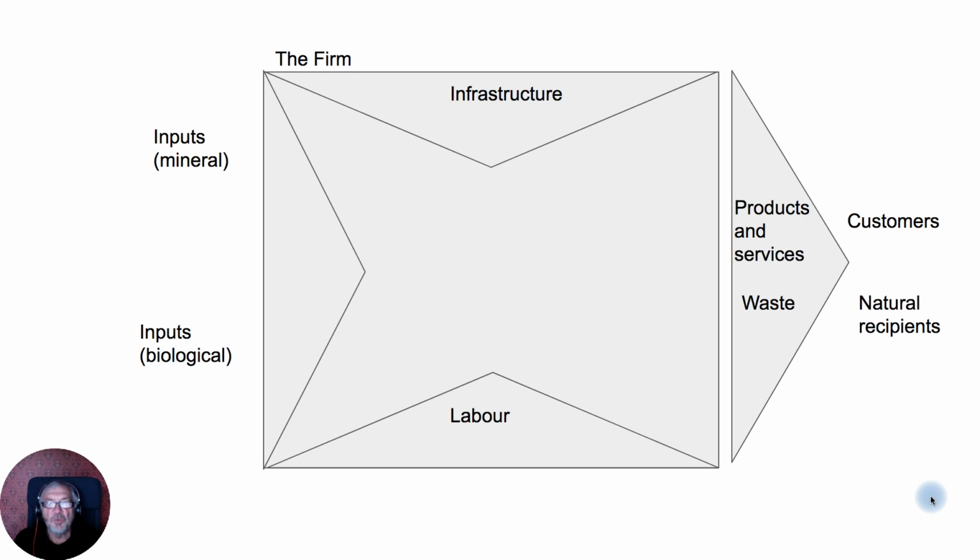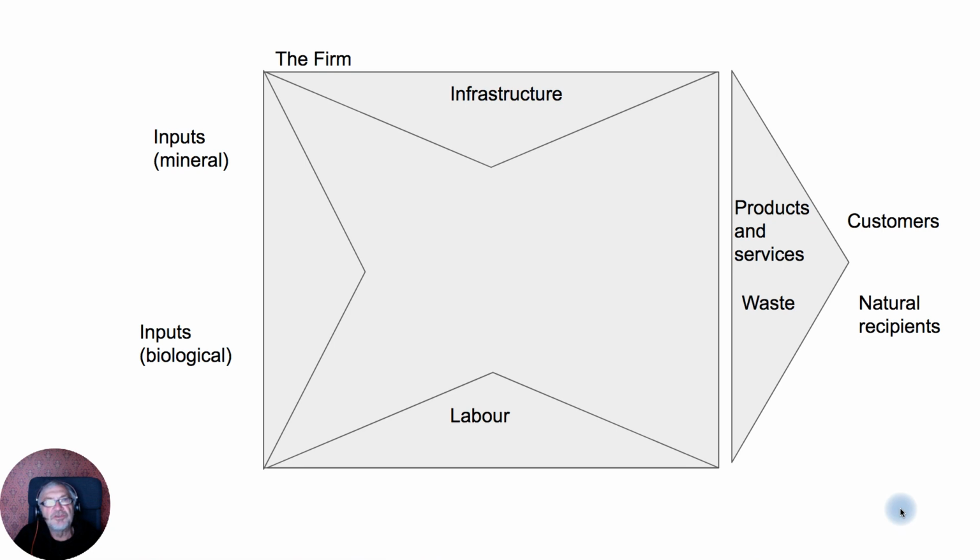And then, of course, there's waste that goes to natural recipients. In the end, it might be waste that's sold to another firm. But the whole world seems to be organized in this way, a myriad of firms all buying from and supplying each other.